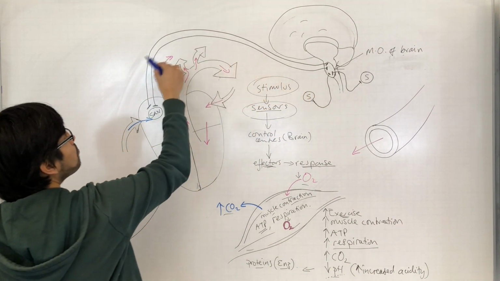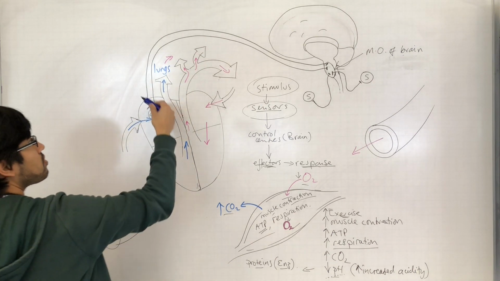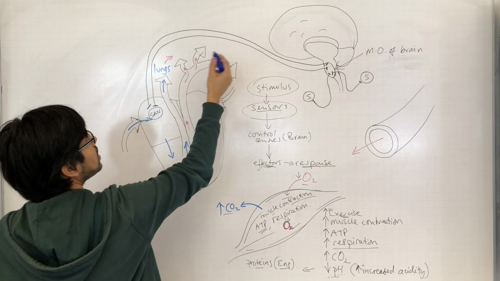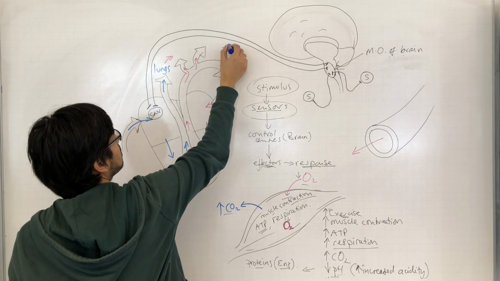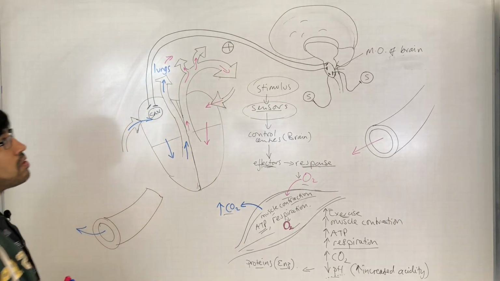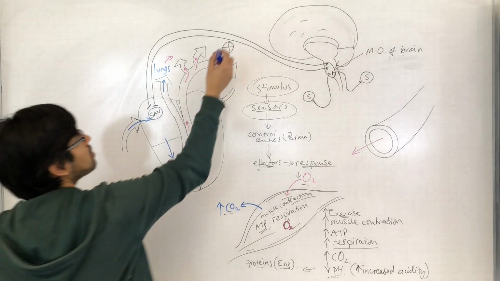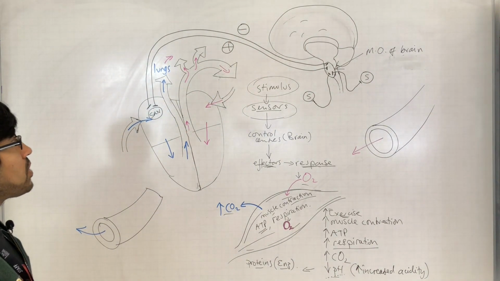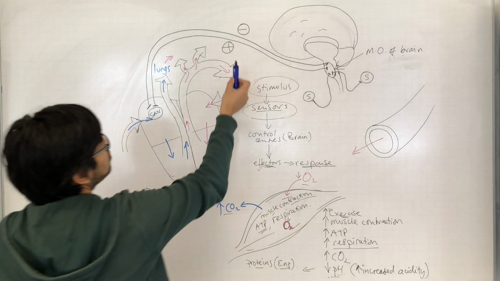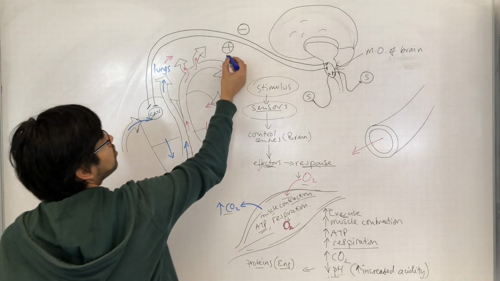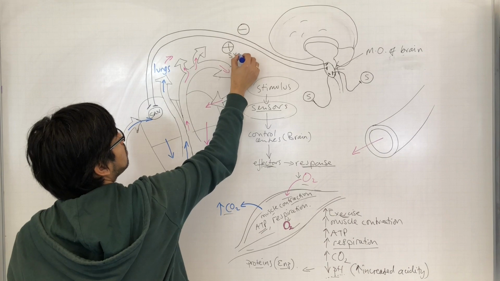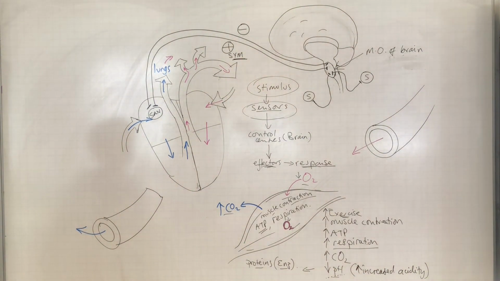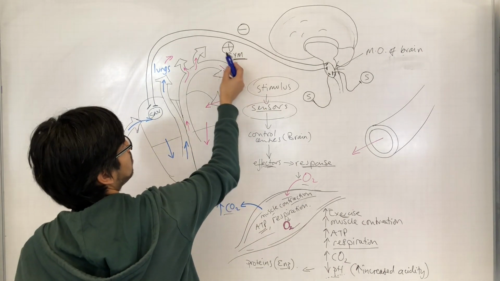So these two bundles of nerves or neurons: one is an acceleratory bundle and the other one is deceleratory. The acceleratory one is called the sympathetic neuron, or the sympathetic nerve.